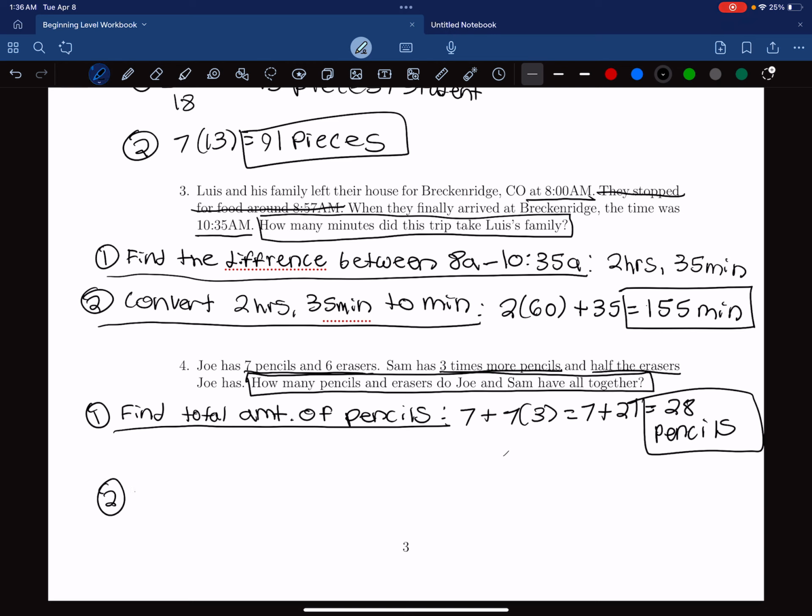And then for our second part, let's find the total amount of erasers.